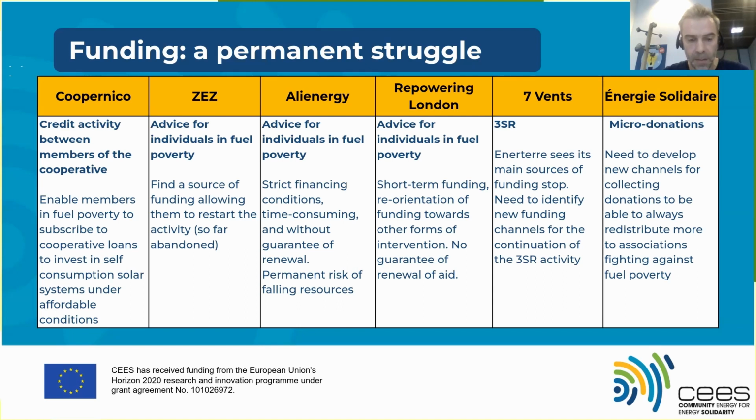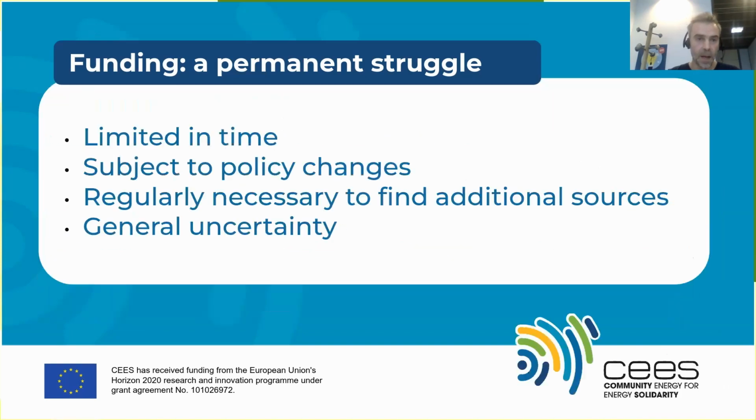Because Les Advents is taking some of this program, and is going to start working a lot more on energy poverty alleviation, they need to find the right economic model to finance some of the work they would like to do, because it's very different from just enabling renovation for people who have a lot more means. Let's just say that. And for Énergie Solidaire, our struggle is to keep on collecting donations and keep on having the best impact that we can have.